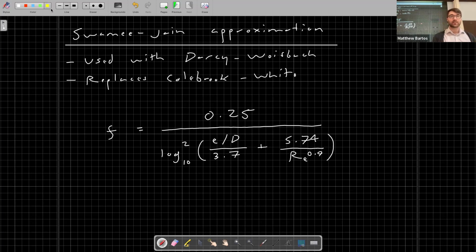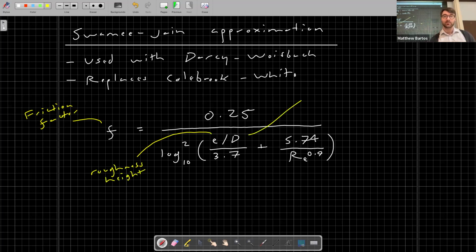So let's just make sure we define all these terms here. This is our friction factor. It's the exact same friction factor we've been using. We use it with the Darcy-Weisbach equation. This e here, this is the roughness height. The D is the diameter.